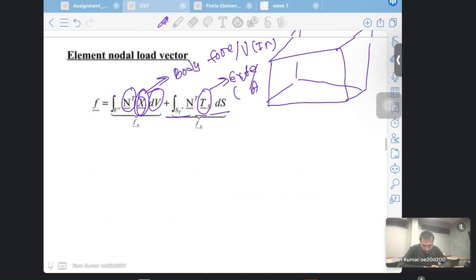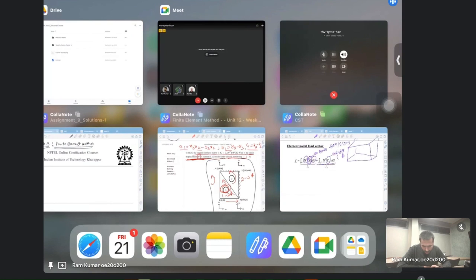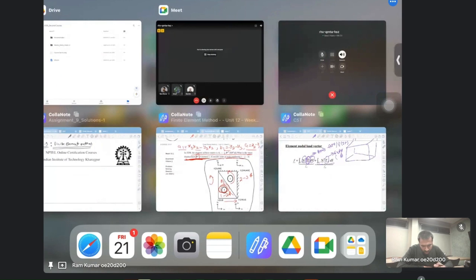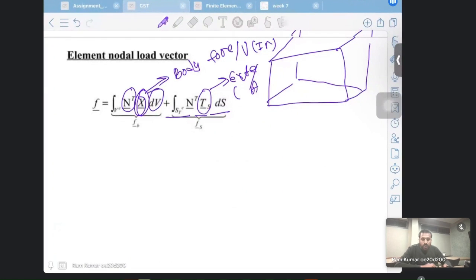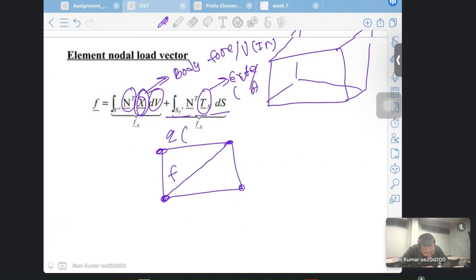So according to your problem, where is your screenshot? I forgot. So according to your problem, you are having some F and Q. This is like flux per unit length for element 1 and element 2.